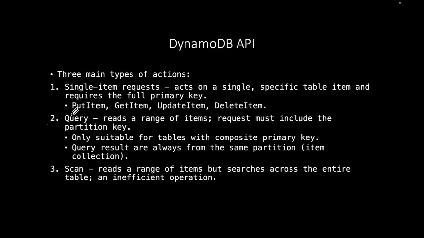But anyway, queries are when you want to read a range of items, and queries only relate to tables that have composite primary keys. There's no sense of being able to query a table that has a simple primary key.